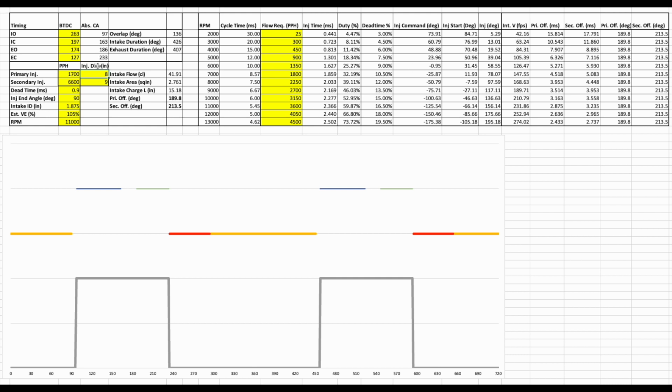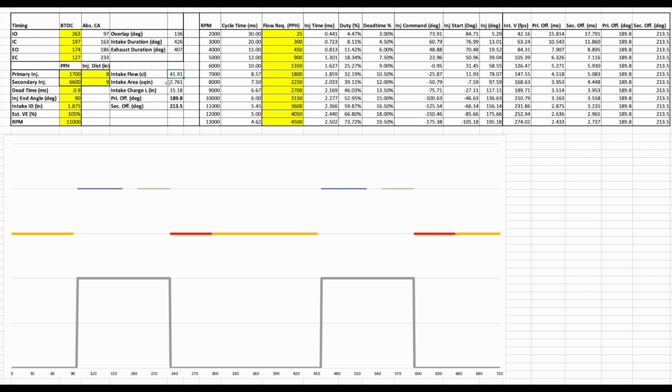And then based on that, it calculates the intake flow. So this is 41.91 cubic inches at 105% volumetric efficiency, 654 cc rotor. It's 41.91 cubic inches per intake stroke.